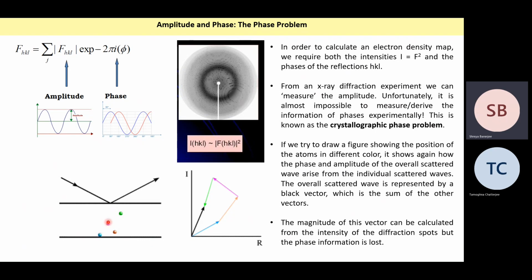So from each of these 4 atoms, there will be a different diffracted ray. So you're representing the diffracted ray by the corresponding color. The diffracted ray from the blue atom is shown in blue, from the pink atom in pink, and so on. So if you place them one after the other, the rule of vector summation is that if you have 4 vectors like this placed end to end, then the summation of all vectors will be the vector that closes this structure.